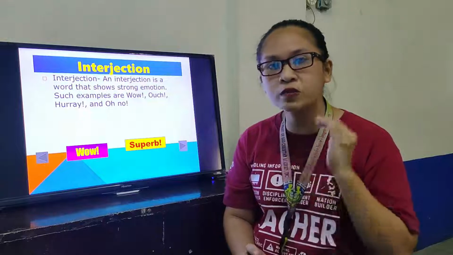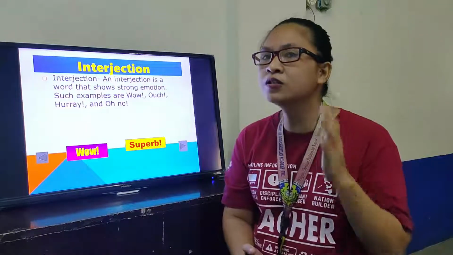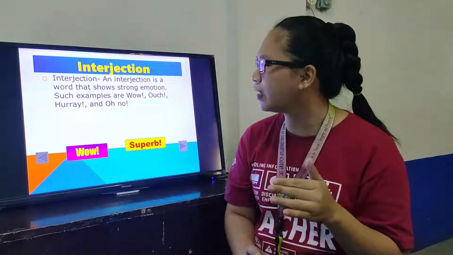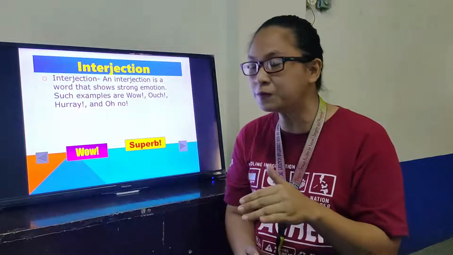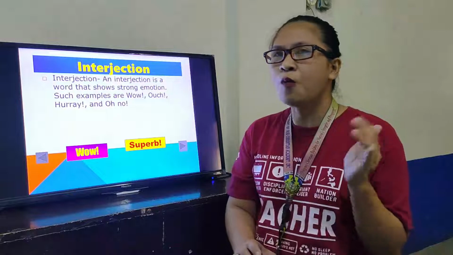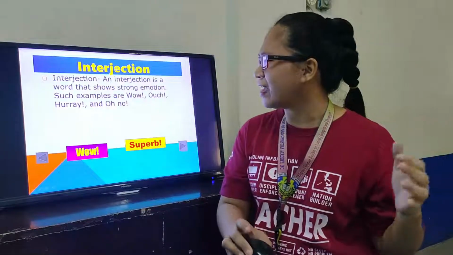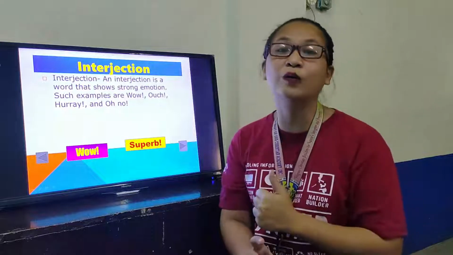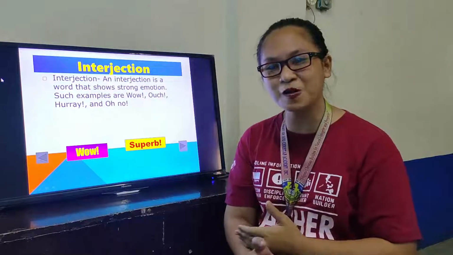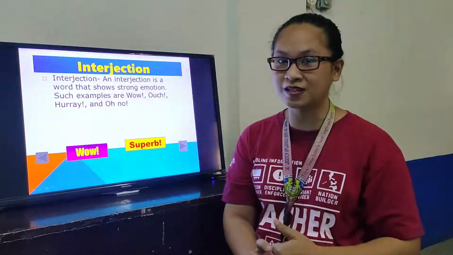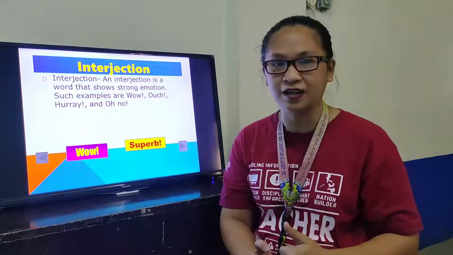Always remember, interjection shows strong emotion. I have here some examples, like the words wow, ouch, hooray, and oh no. Those are examples of interjection because they express strong emotion.